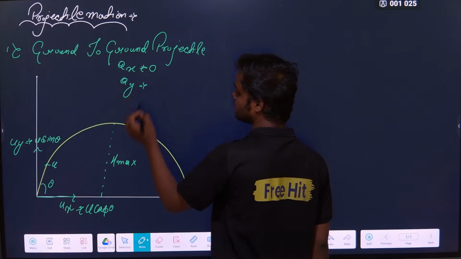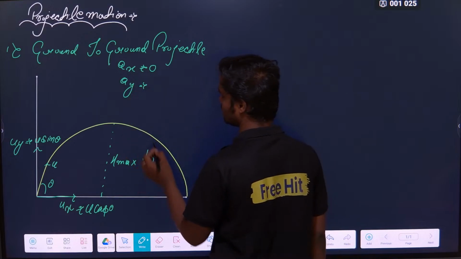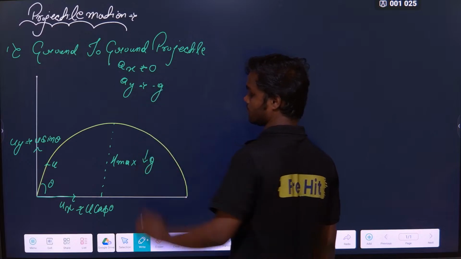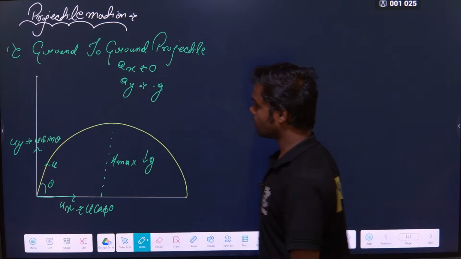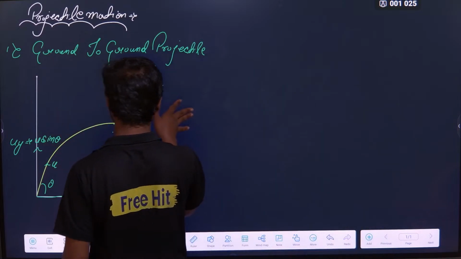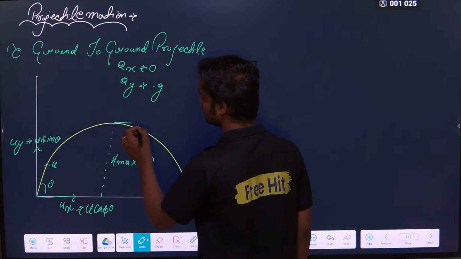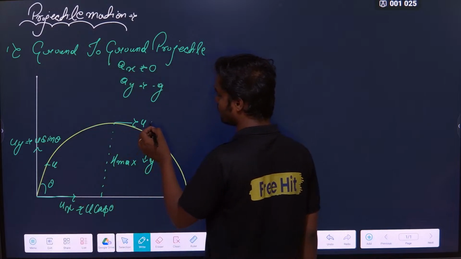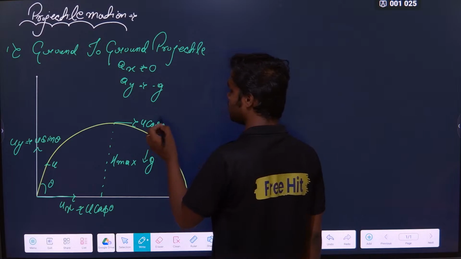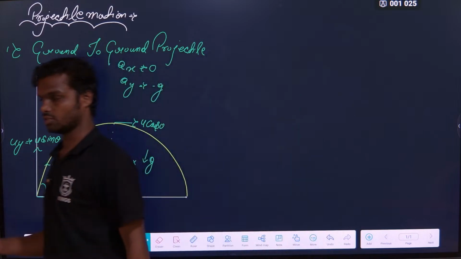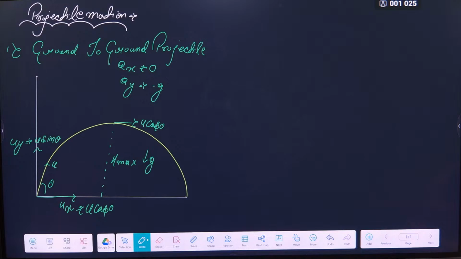In y direction there is gravity acting, minus g. So due to this gravity, the velocity in x component will remain the same, at every point it will be u cos theta only, but the velocity in y component is going to change. Now the question is how it is going to change. Let us see that.